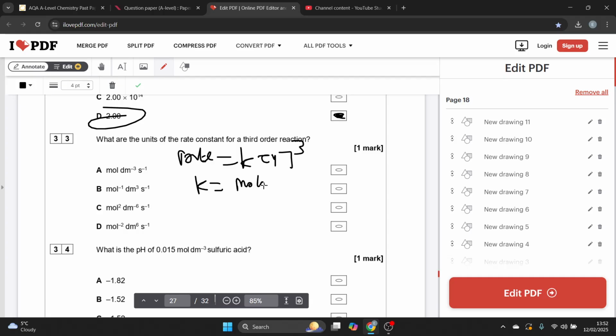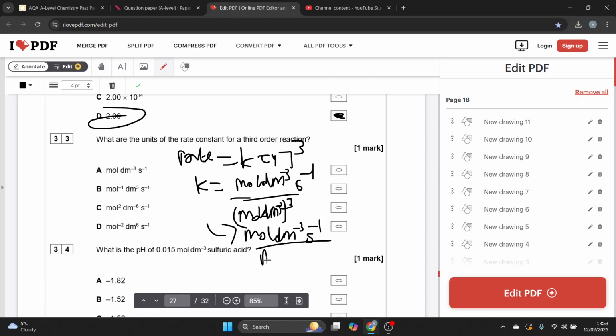Moles per dm cubed per second, S to the power minus 1, over moles per dm cubed cubed.